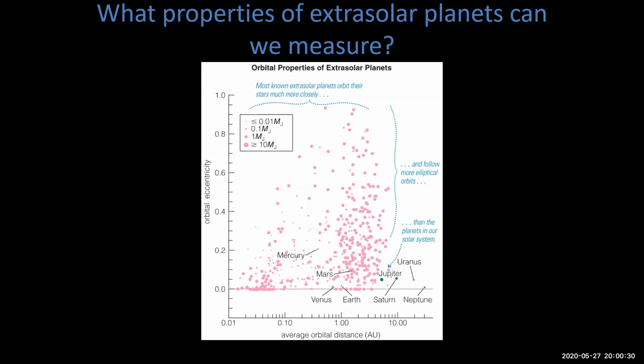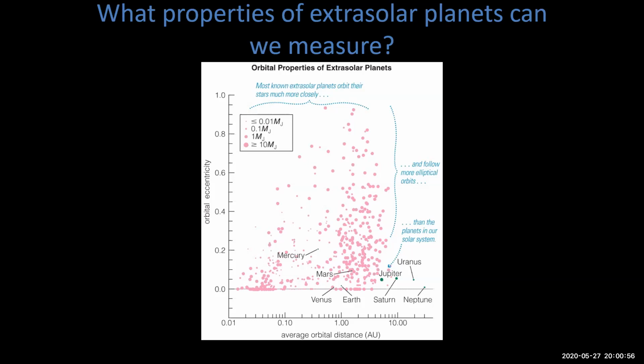It looks like also the bigger planets tend to have a wider range, and the further you are, the wider the range of eccentricities. When you're orbiting very, very close to the star, you're more likely to have a circular orbit.